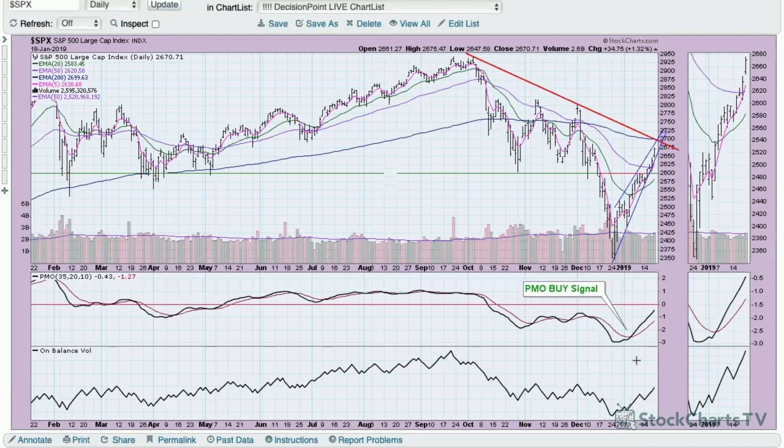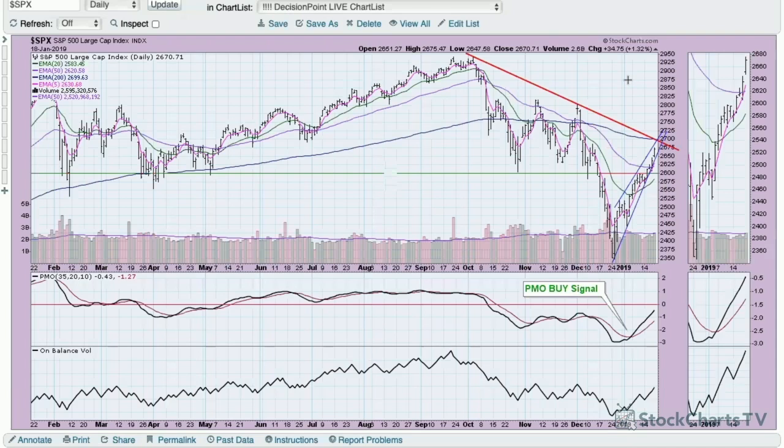So the first thing I wanted to mention is we do have a PMO buy signal that of course is in play. PMO is still in negative territory, but it is rising nicely. And with this rally, we are seeing the right things out of the on-balance volume. We want to see those rising bottoms in line with the rising price bottoms.